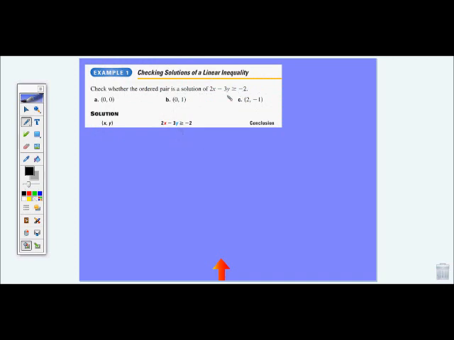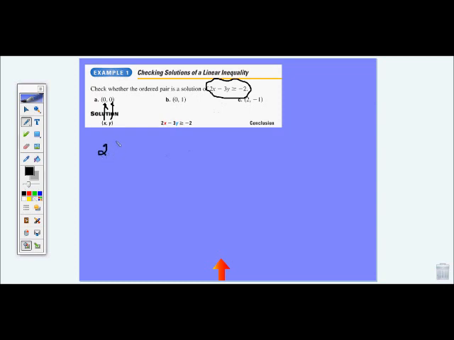So it's asking you to look at this inequality, 2x minus 3y is greater than or equal to negative 2, and see which one of these are actual solutions to this. With each one of the ordered pairs, you have an x and you have a y, and you're going to substitute those into the x and the y in the inequality to see if it is a true statement.